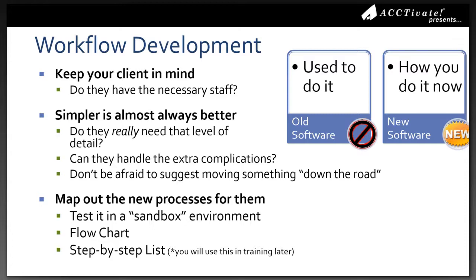Another thing that you can do, if you like to create flowcharts, can be really handy here for mapping out, for example, that the order used to go from this person to that person to this person for processing, and now it's going to go in a different order. It's going to go from here to approval to somebody else and then back again. Those are types of things that you could put together into a flowchart.